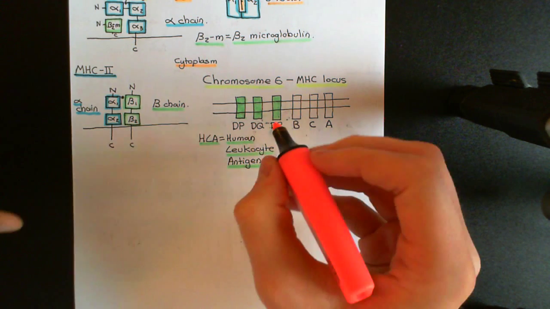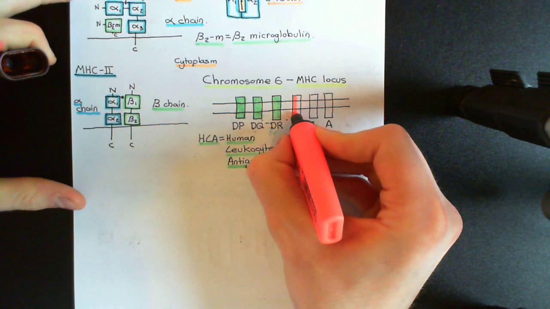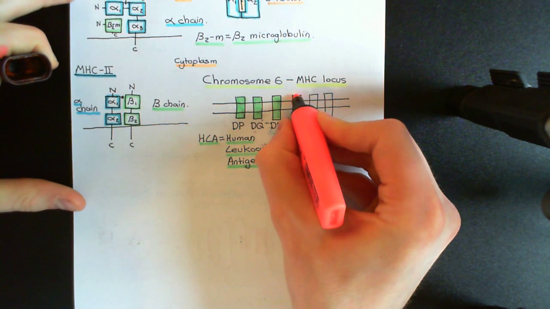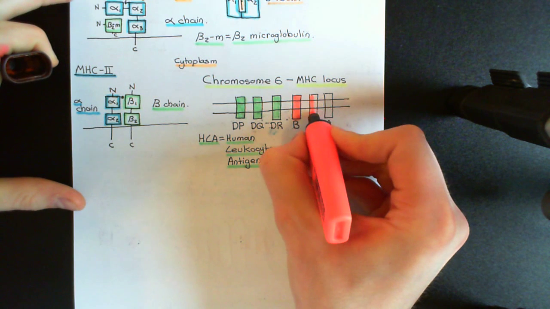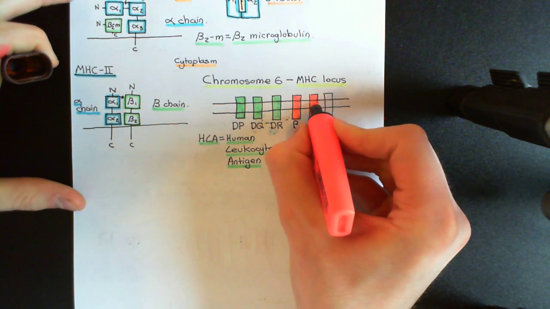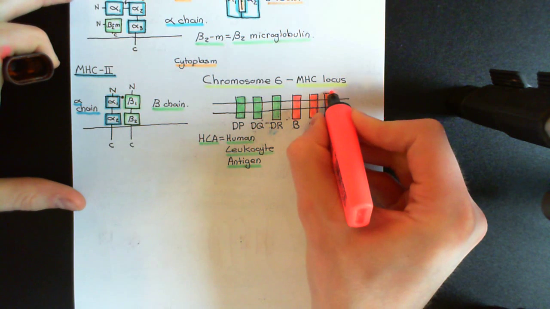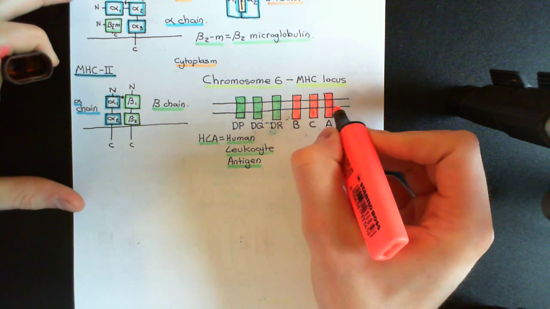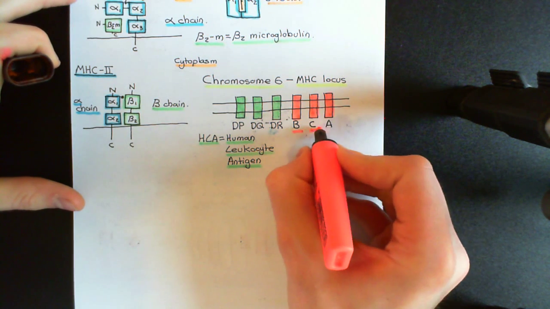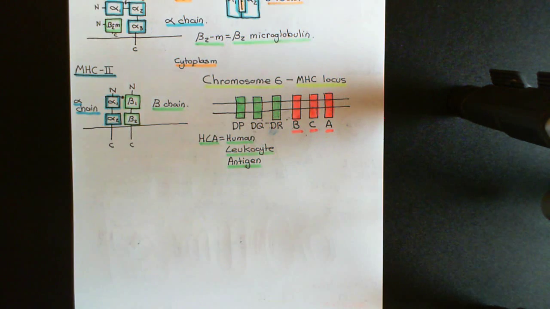So I'll just colour these ones in here. So here we have HLA-B locus, here we have the HLA-C locus, and this is the order that they've been named in, and this is the HLA-A locus, so BCA. Okay, and each of these loci will have genes in it for making alpha chains.